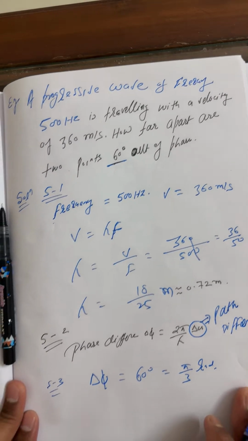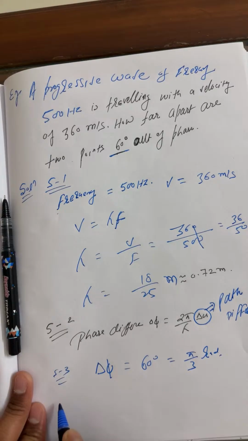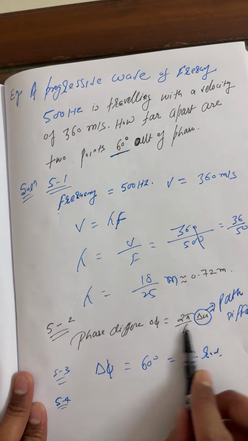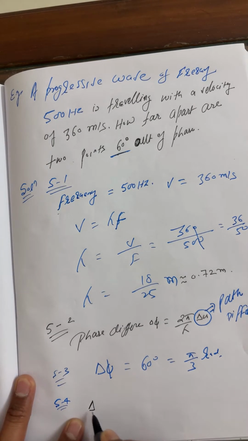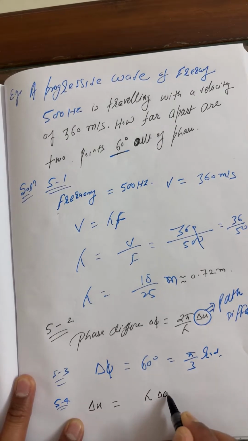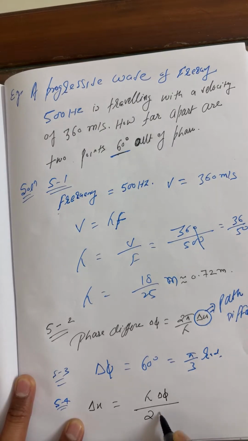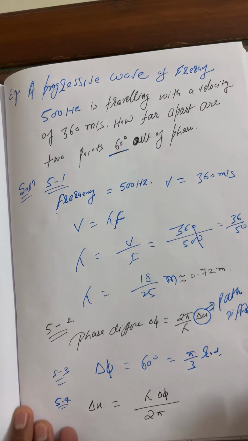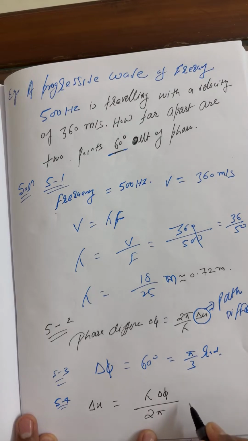Now students, I'm going to solve this question further. This is step 4. I can find the path difference: delta x equals lambda into delta phi upon 2 pi. Lambda we already calculated, this is 0.72.